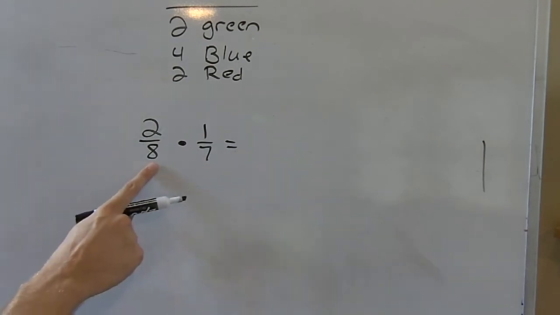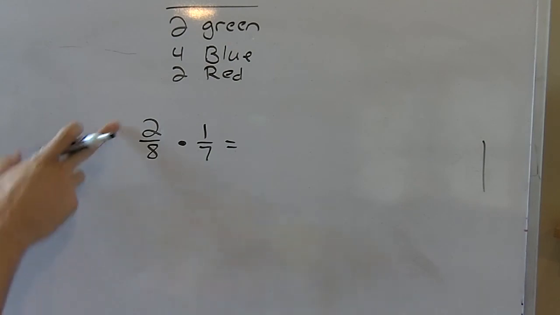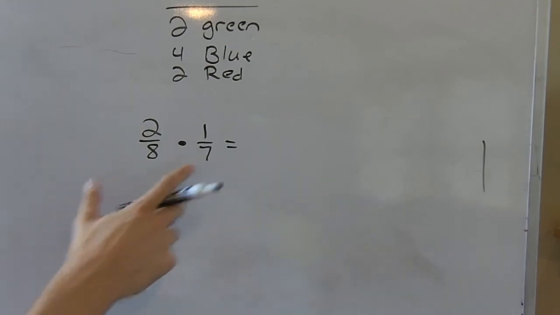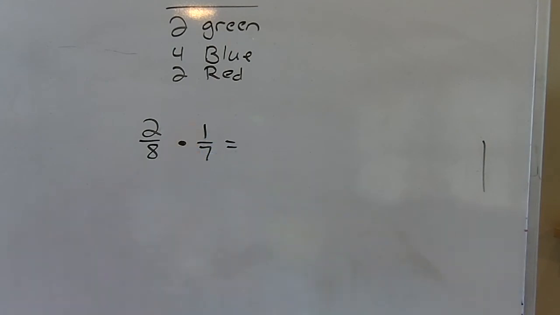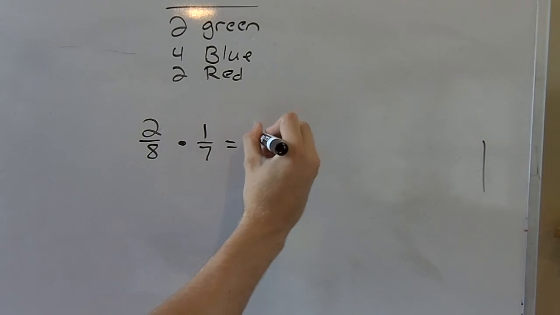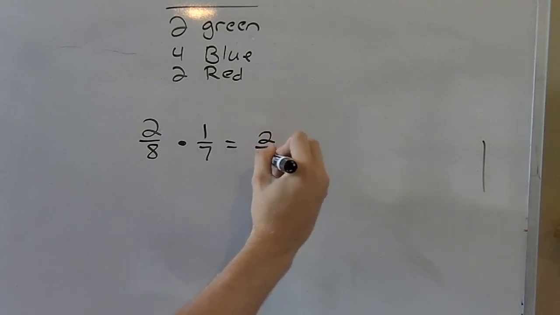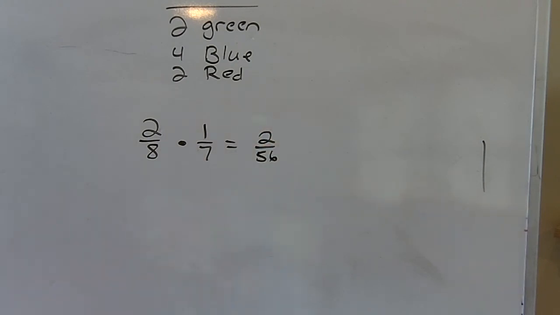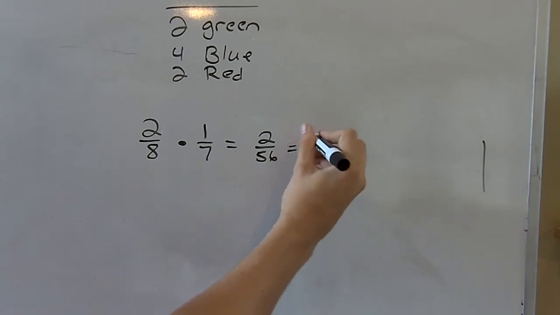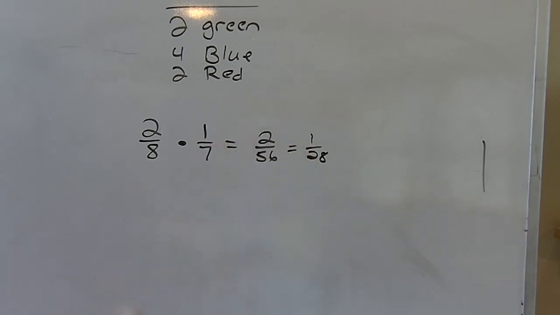So the bottom represents the number of marbles in the bag. The top number represents the green marbles that I'm looking for. So on my second pull, there's one less green marble, and there's one less marble in the bag because that green marble's now been removed. So I would now have a 2 out of 56 chance. Or a 1 out of 28 chance to pull both green marbles out.